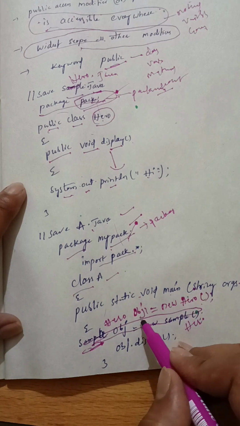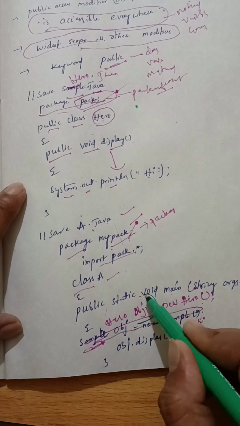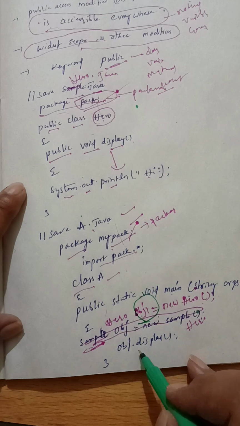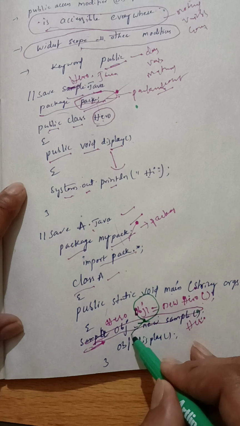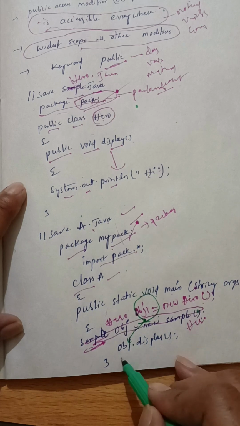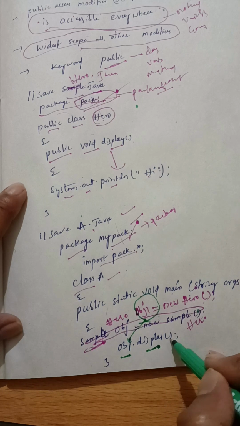An object is created. Which object is created? obj is the object created. How to call the object? We call object name dot method name. Where is the display method?